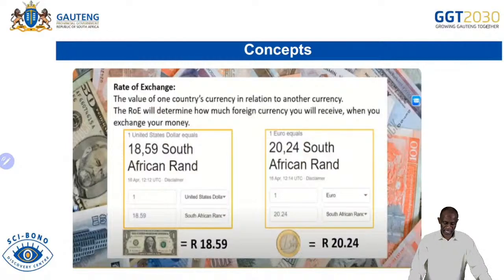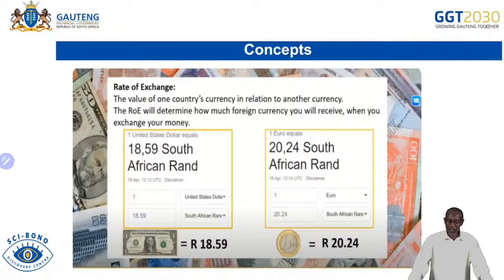So the rate of exchange here, as you can see from this slide, recorded on the 16th of April at 12 minutes past 12, was that you'll need 18 rand 59 cents to buy an American dollar. The situation with the euro is different.